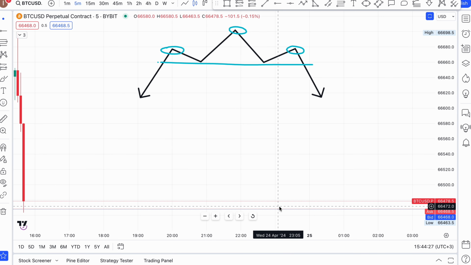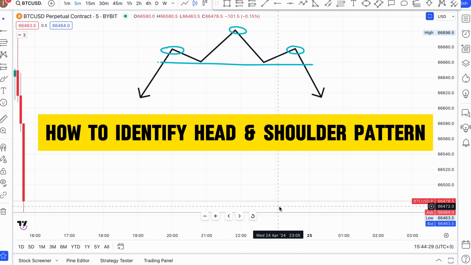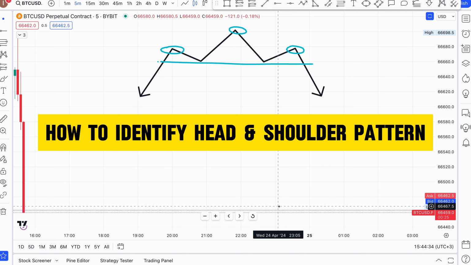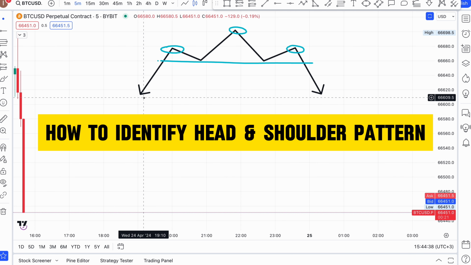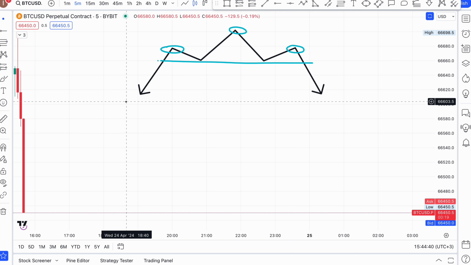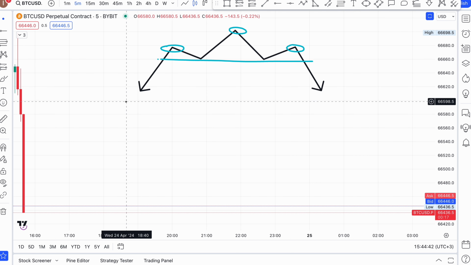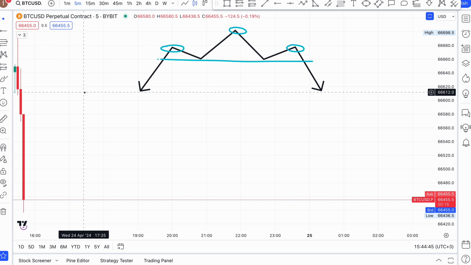Okay, now how do you identify this head and shoulder pattern? If you see it, how do you easily identify it? You will see that the market has been in an uptrend, forming higher highs and higher lows as usual. We all know that, right?